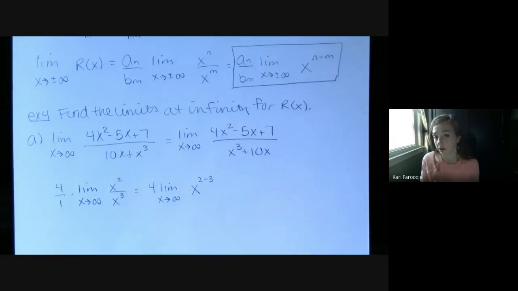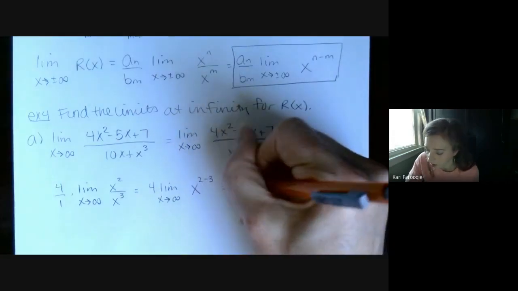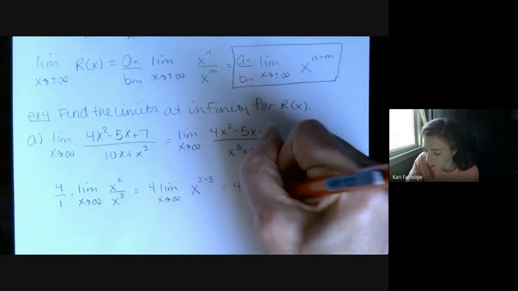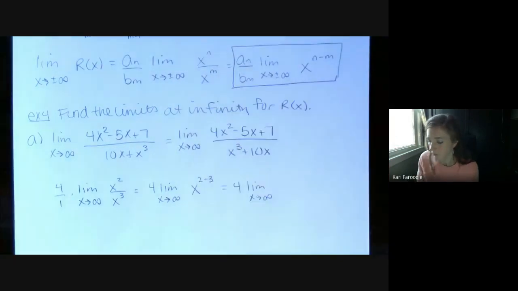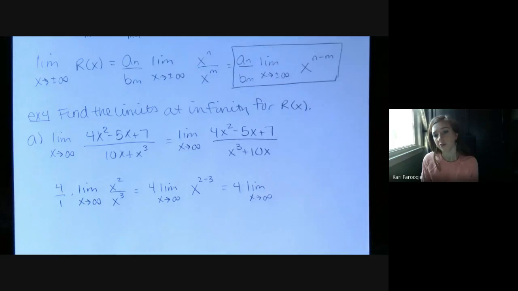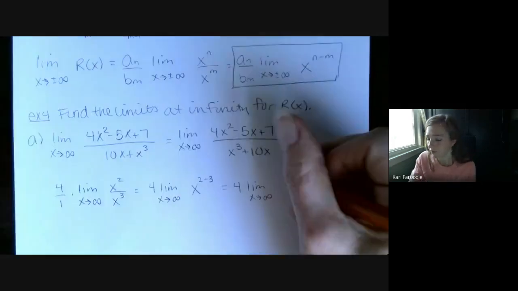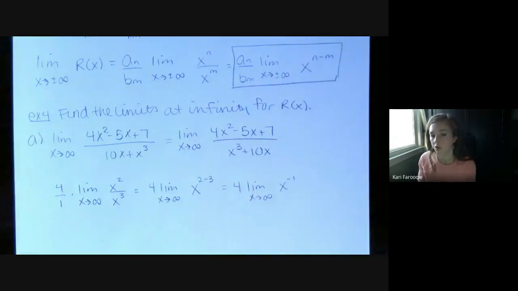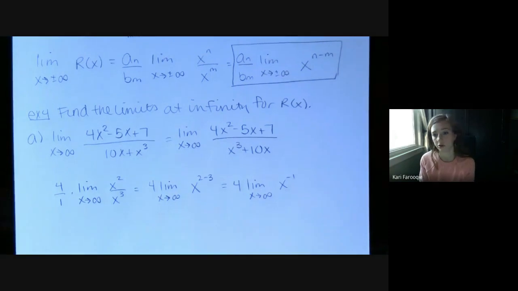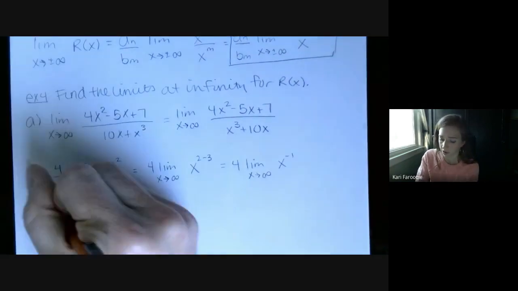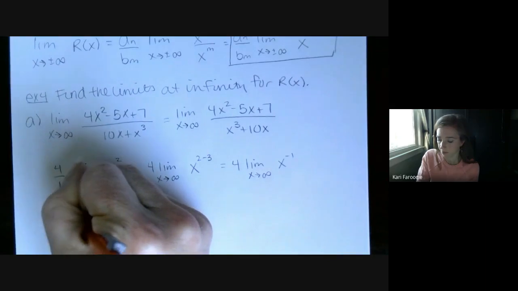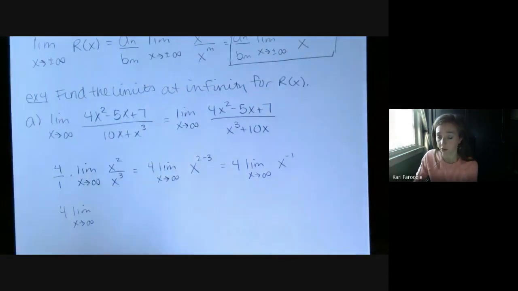Now, what you're going to see here is that we're going to end up with another form that I gave you at the beginning of class. So we're looking at 4 times the limit as x approaches infinity. And again, I'm writing more steps than I would really need to see from you. But when I rewrite this again, x to the negative first power is 1 over x.